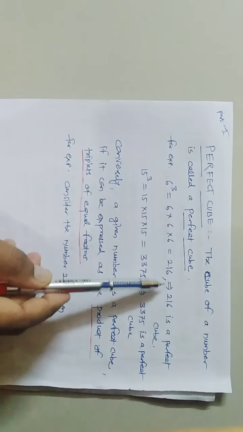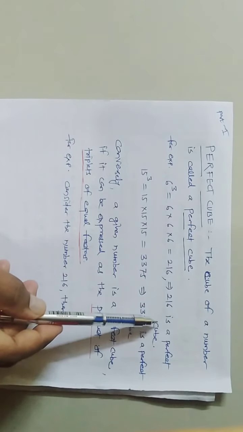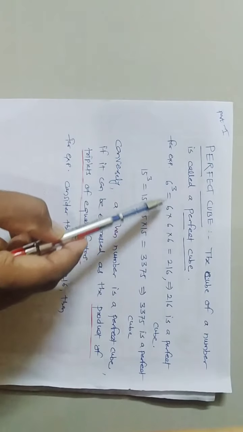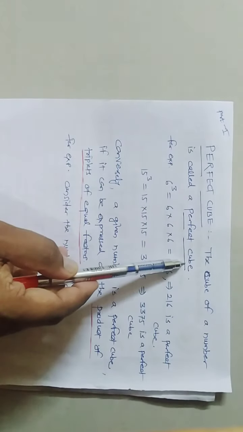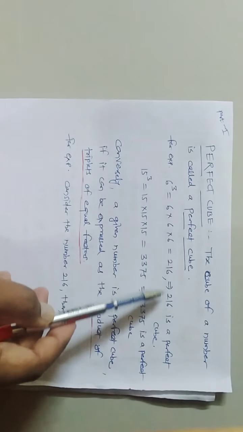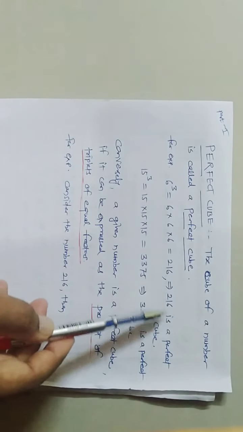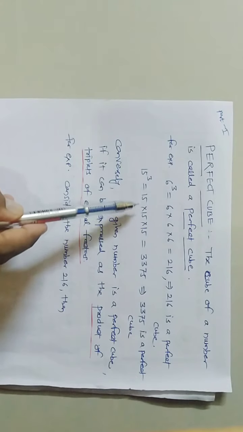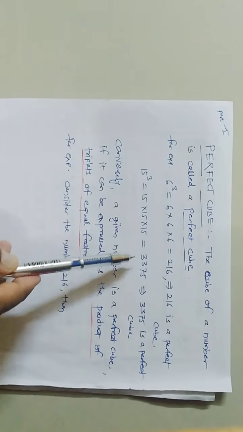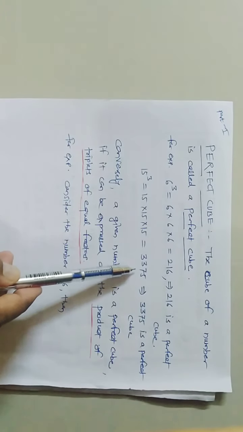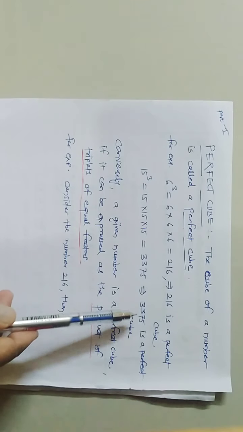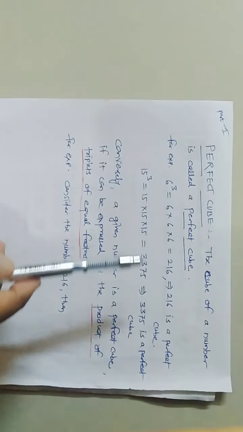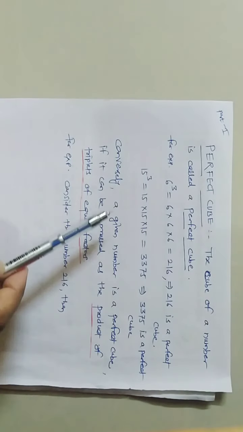So this implies that 216 is a perfect cube, meaning the cube of a number is called a perfect cube. Another example, 15 cube: 15 multiplied by 15 multiplied by 15 is equal to 3375. So 3375 is a perfect cube of the number 15.